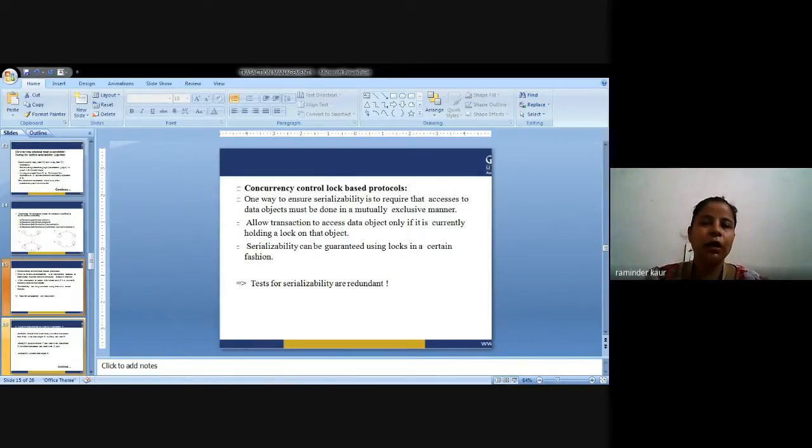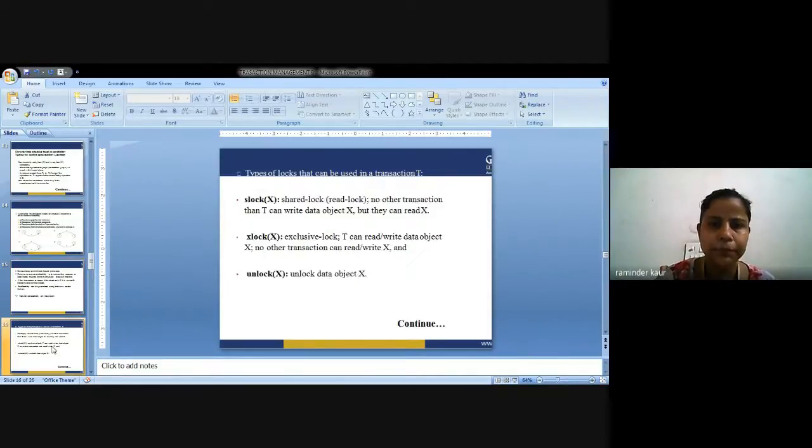You can see that there are two types of locks. First is shared lock and second is exclusive lock. I am sharing the slide. Shared lock is concerned with the read lock. You can only read; no other transaction can perform write operations, they can only read.